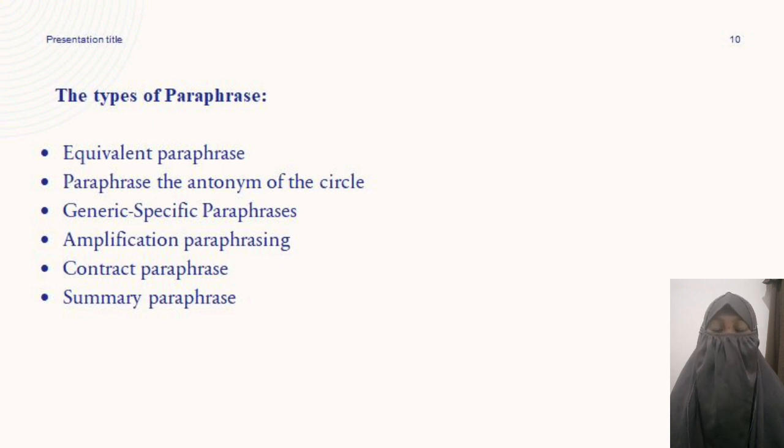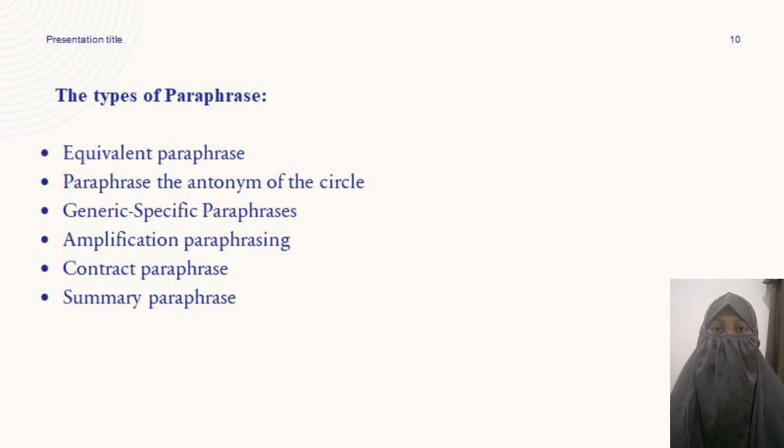Antonym paraphrase. The antonym paraphrase of denial is a lingual form that has the nature of denial. Antonym itself means two words that have different meanings. However, in this paraphrase, the antonyms have opposite properties.